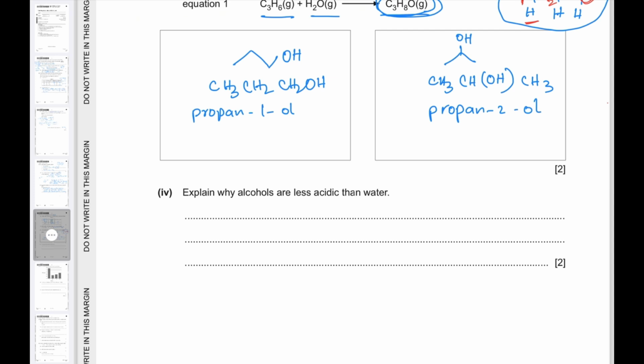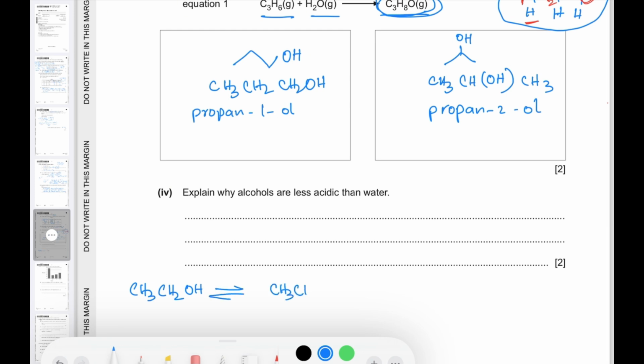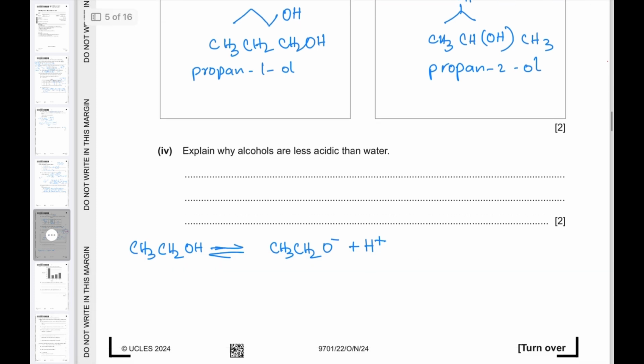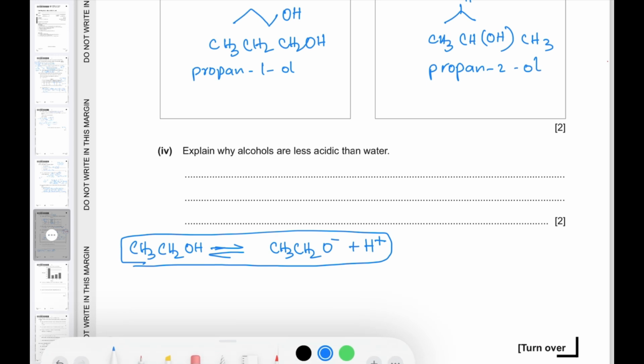Let's look at the dissociation of an alcohol. It undergoes dissociation to form alkoxide ion along with protons. Now, you need to know that this equilibrium lies to the left side. That means there are very few protons in a solution of an alcohol compared to the dissociation of water, where it forms hydroxide ions and protons.